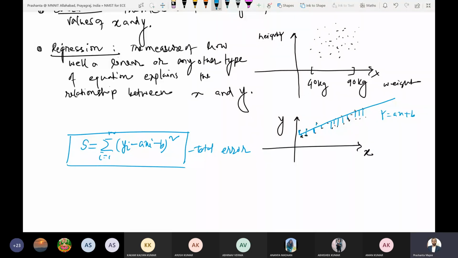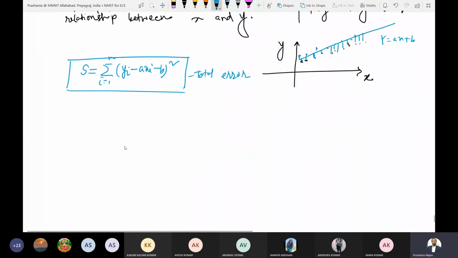For example, suppose you have this kind of data, then depending on your choice, you will get two straight lines, whether you calculate the total error by considering the vertical gap or vertical error, or you consider the horizontal error.